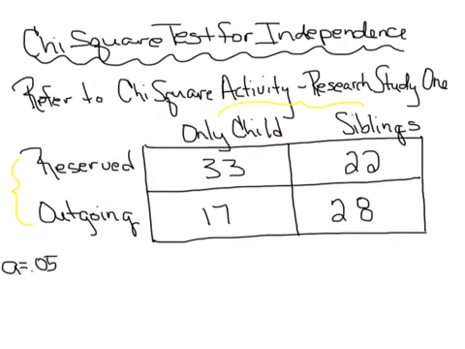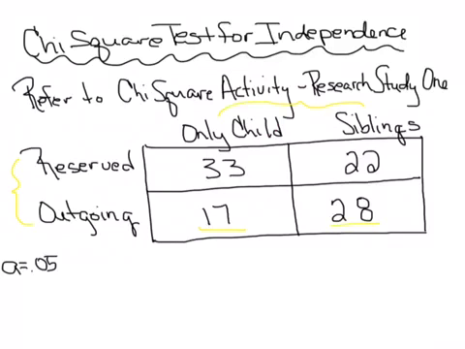And then it talks about how after they completed personality assessments, it shows that 17 of the 50 only child participants scored as outgoing. So I immediately put in 17 in the outgoing only child. And then it showed 28 of the 50 one or more siblings scored as outgoing. So then I put 28 here.